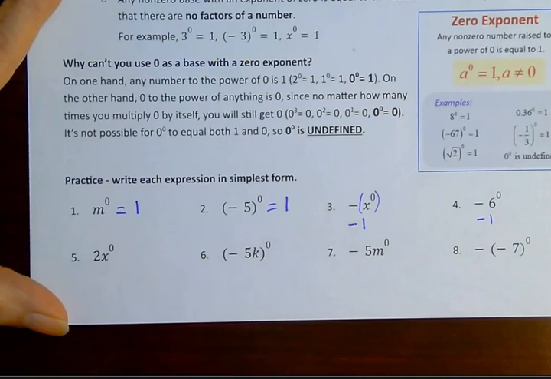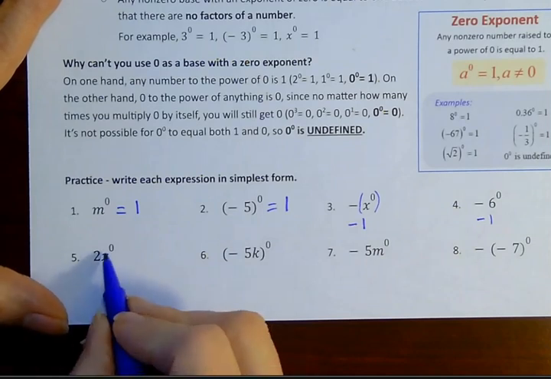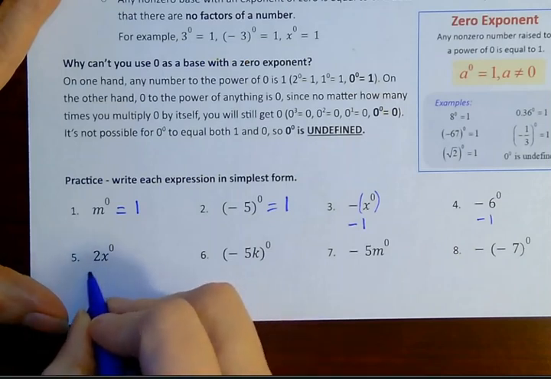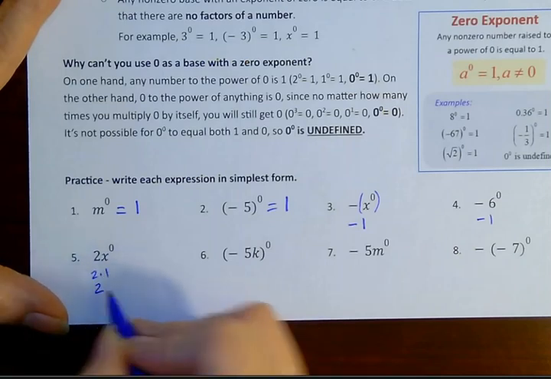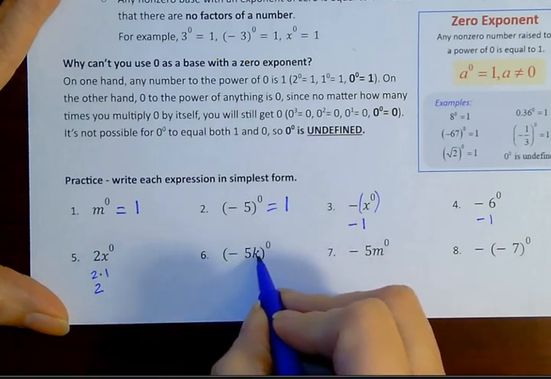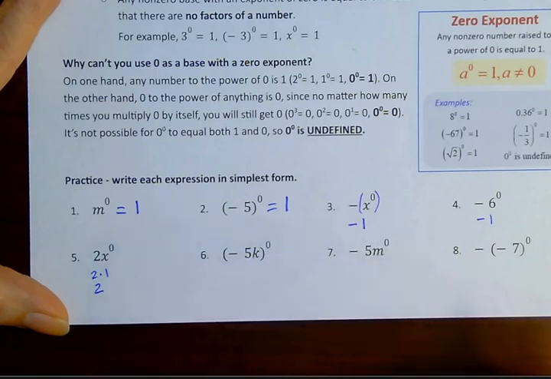This, if I use order of operations, GEMDAS, I have to do my exponent first and then multiply. So it's going to be 2 times 1, which is 2. And here I have negative 5 times k, all to the power of 0.